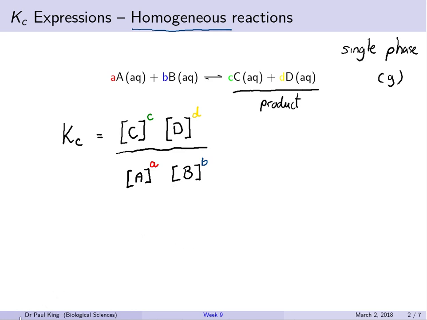I haven't explicitly put in multiplication signs, but obviously these two concentrations on the top are multiplied together and these two concentrations on the bottom are multiplied together.